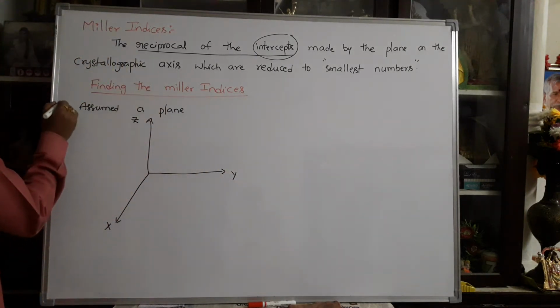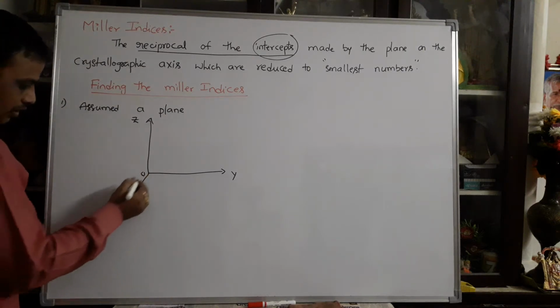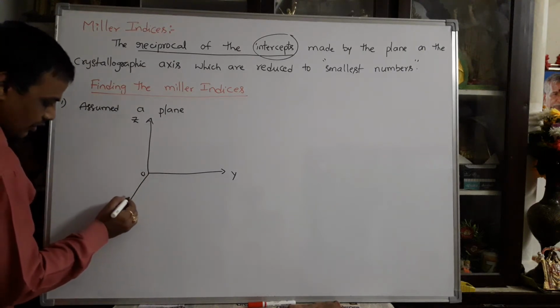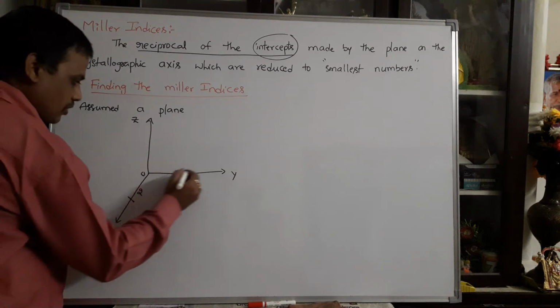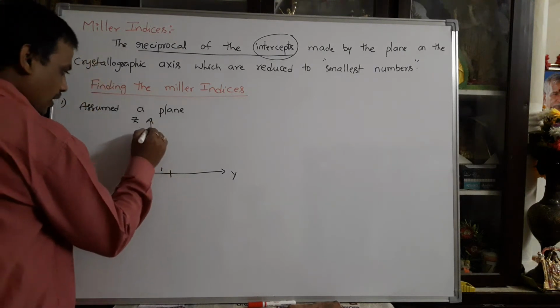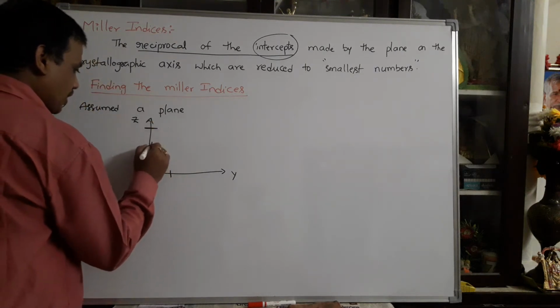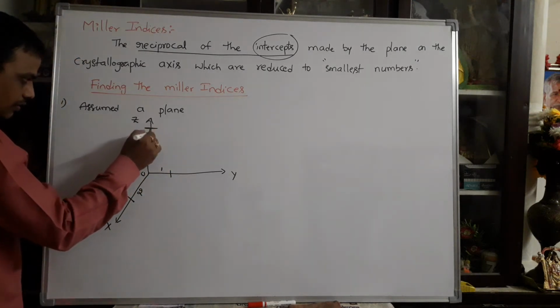This is step number 1. This is the origin. You assume the plane cuts the x direction at 2 units, the y direction at 1 unit, and the z direction at 4 units. So the plane can be drawn like this.